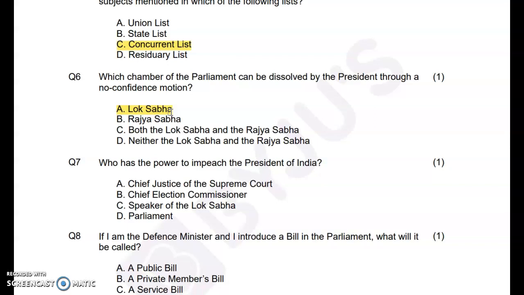However, the Lok Sabha can be dissolved by the President even before it completes its term if a no confidence motion is successfully passed in the House. A no confidence motion can be passed only in the Lok Sabha. However, Rajya Sabha is a permanent house. It cannot be dissolved.